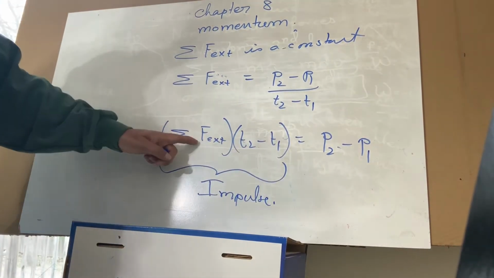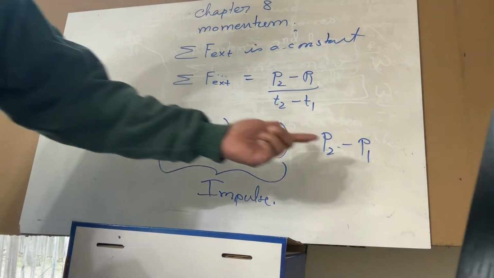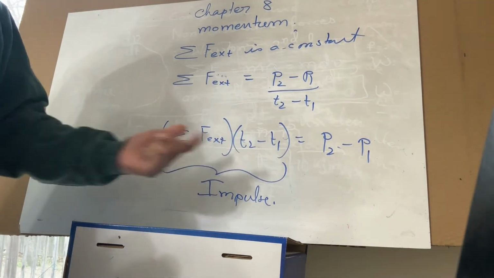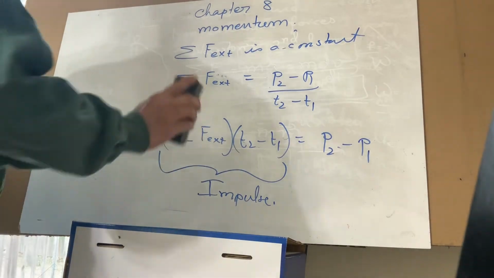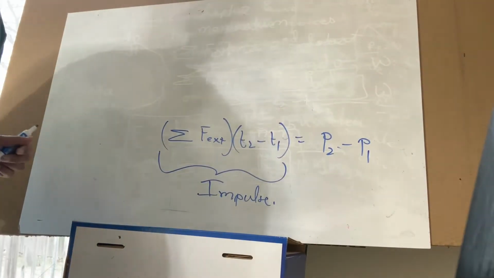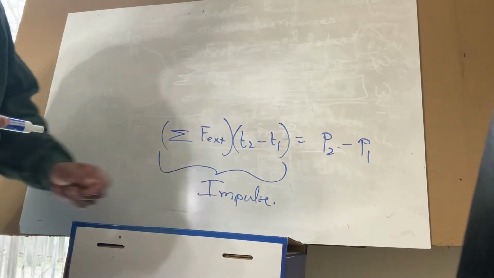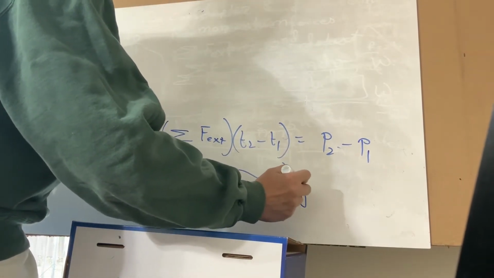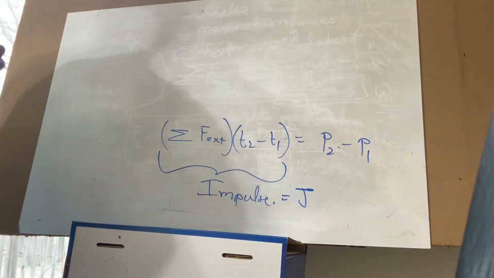And impulse is a vector. This is a vector. This is a vector. So this is called the impulse momentum theorem. I'm going to call the impulse J. So J is a vector.